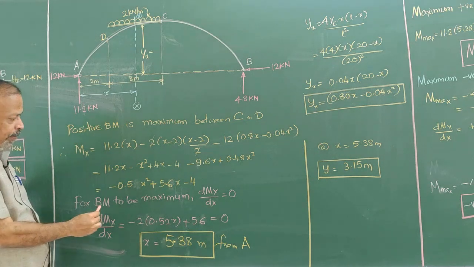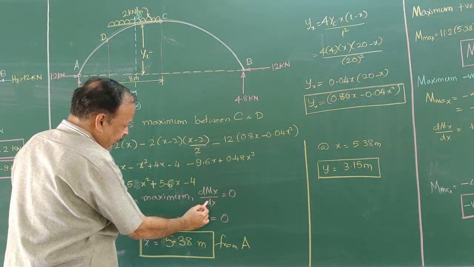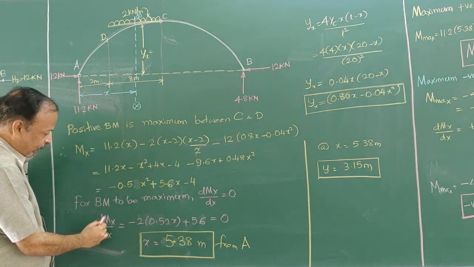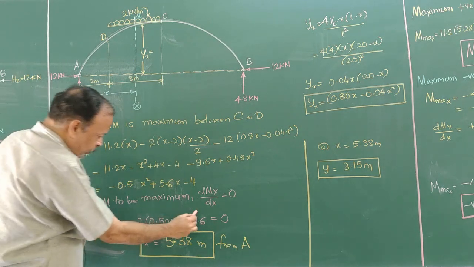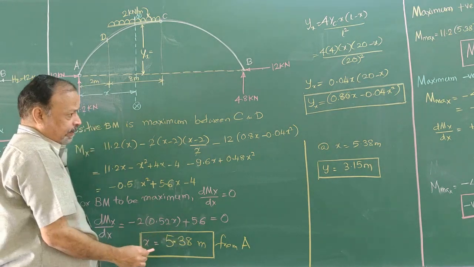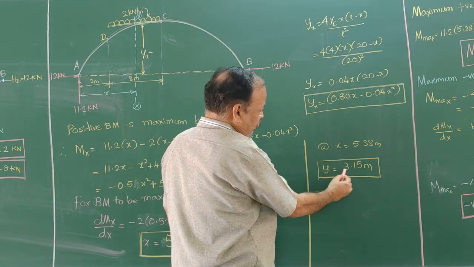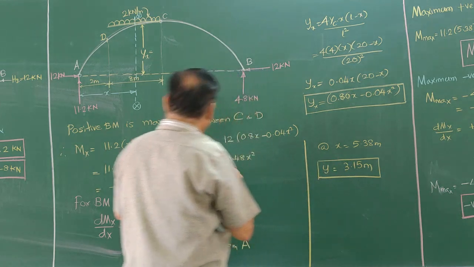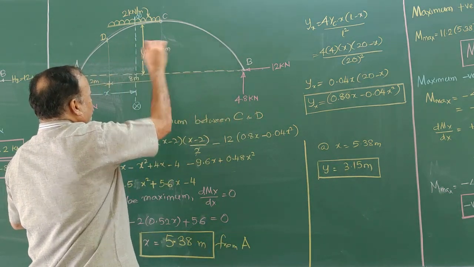For bending moment to be maximum, we know from mathematics the relation that dMx by dx equals 0. So if we differentiate it with respect to x and equate it to 0, we get x equal to 5.38 meters. So for x equal to 5.38 meters, y is equal to 3.15 meters.